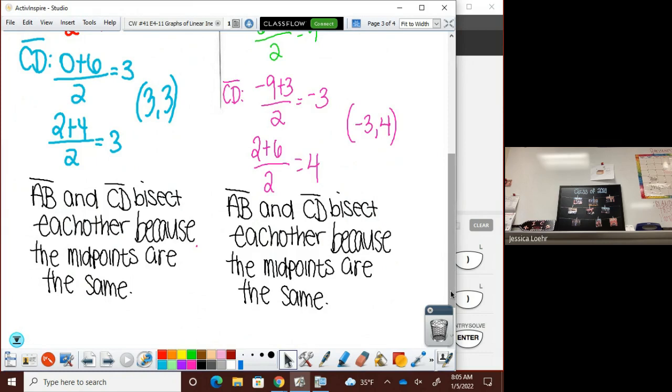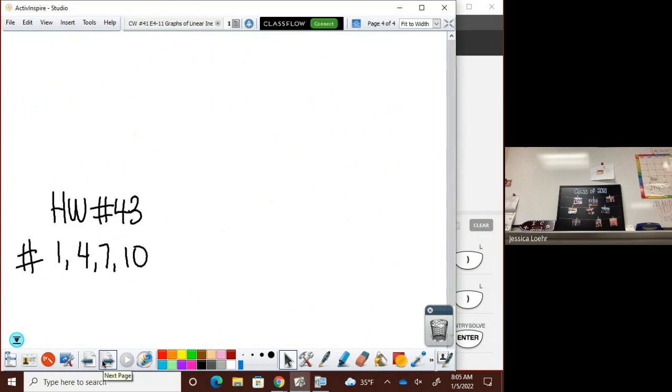Questions about this lesson? Okay, the homework has all 4 types. You're just doing one of each type. 1, 4, 7, and 10. Okay? 1 is the slope formula. 4 is the slope formula again.